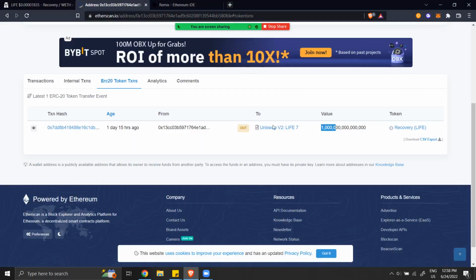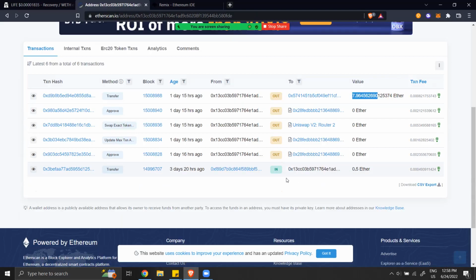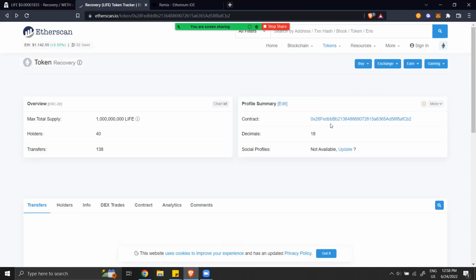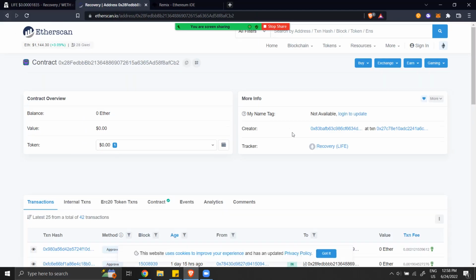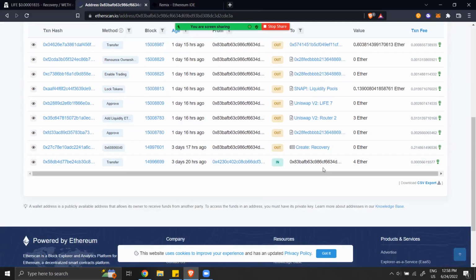Okay, we will see here what the deployer of the contract did. Okay, contract creator. The creator got funded with 4 Ether. Then he created the contract Recovery, which is the token.